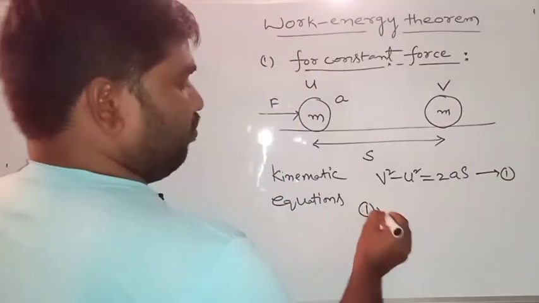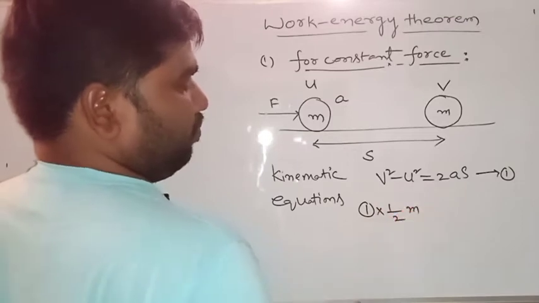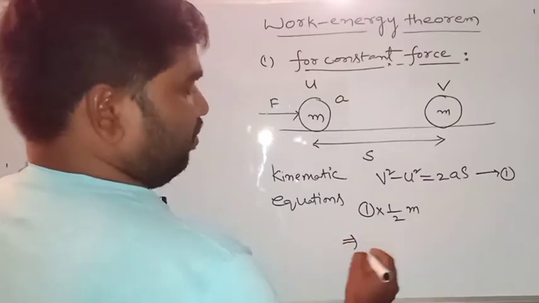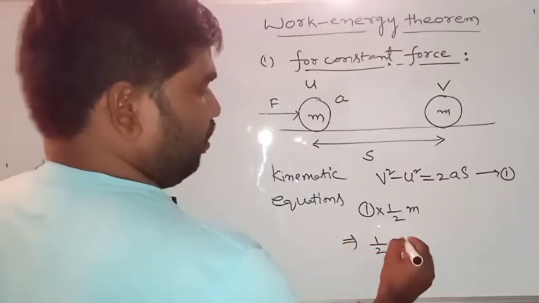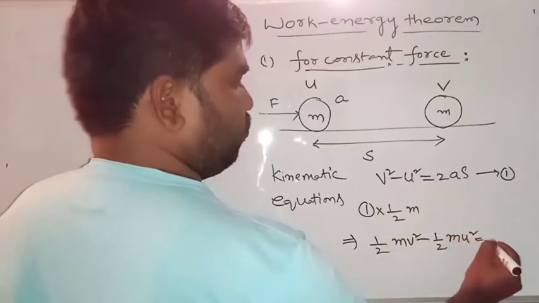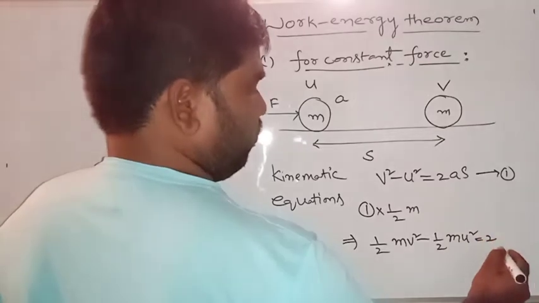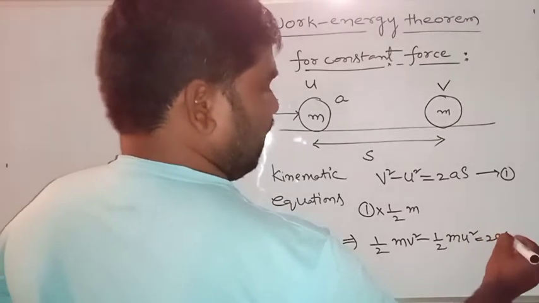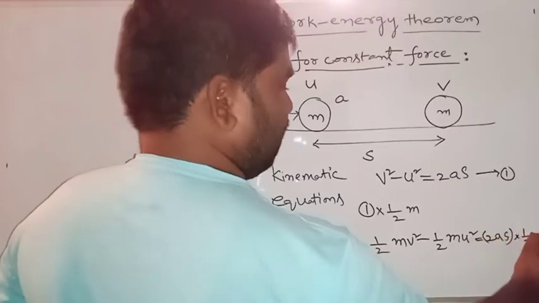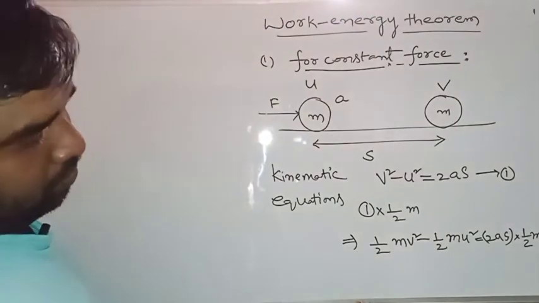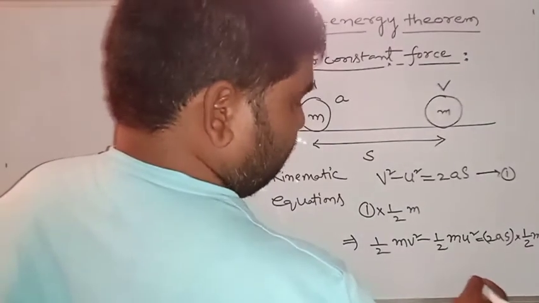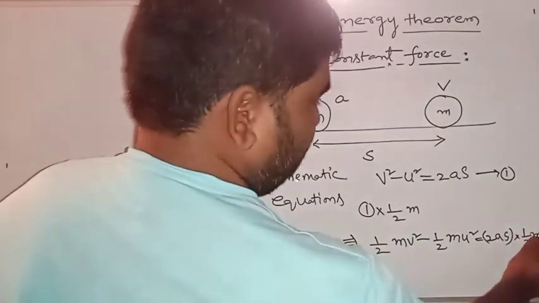Multiply equation 1 by 2 into m. Then what will happen? This equation will modify as half m v square minus half m u square equals 2 a s into m over 2. Here the 2 gets cancelled.